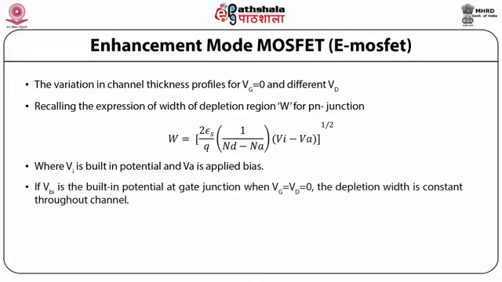So Vbi is the built-in potential at the gate junction when Vg equal to Vd equal to 0, and the depletion width is constant throughout the channel, which is equal to W0 equal to (2 epsilon s by Q Nd) to the power half multiplied by Vbi.